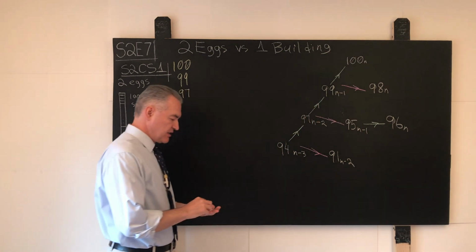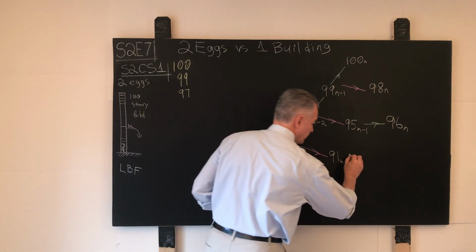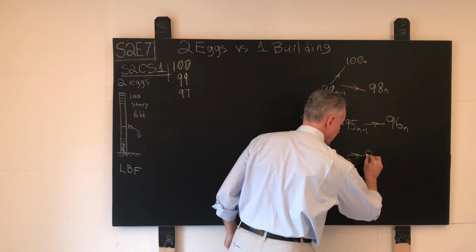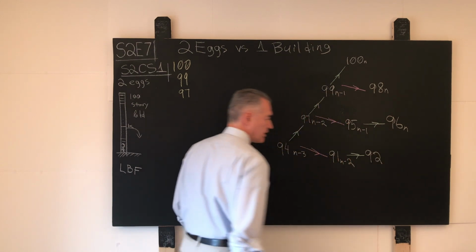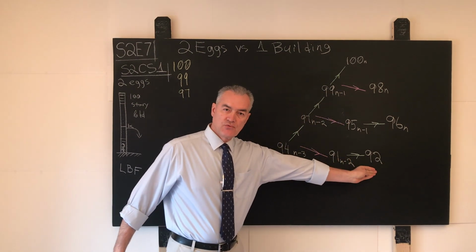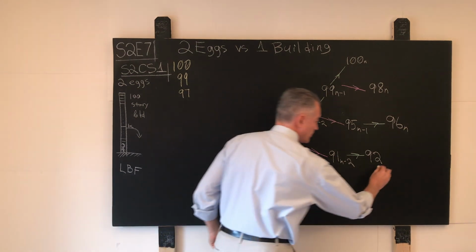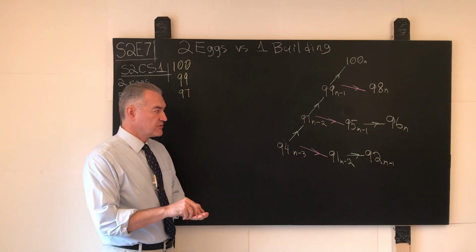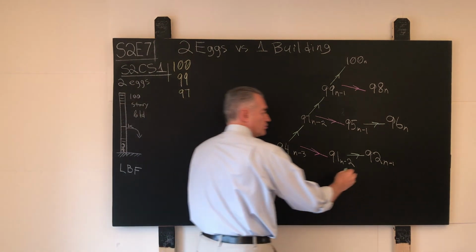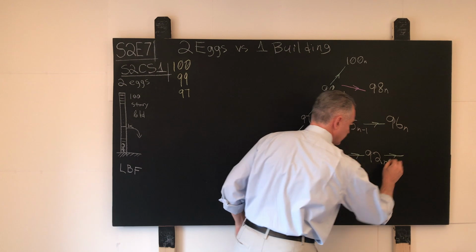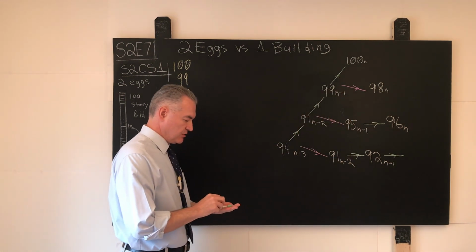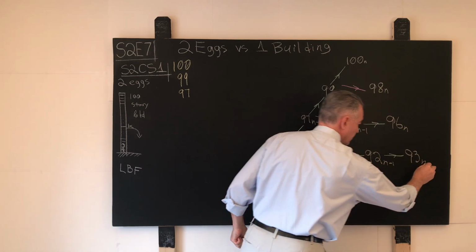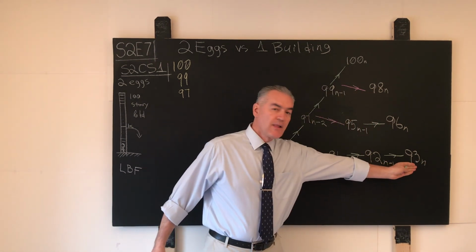If the second egg does survive that drop, we climb up to the floor number what? 92, and we execute which drop number from the floor 92? Correct, very well, the drop number n minus 1. And if the second egg does survive the drop from the floor 92, we climb up to the floor number what? To the floor number 93, and from that floor we execute what?